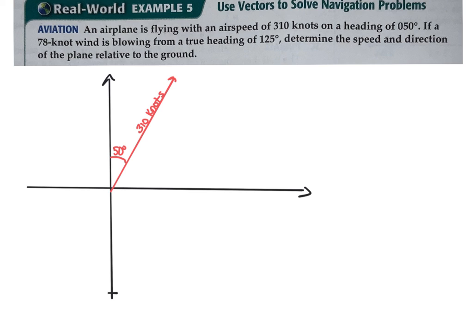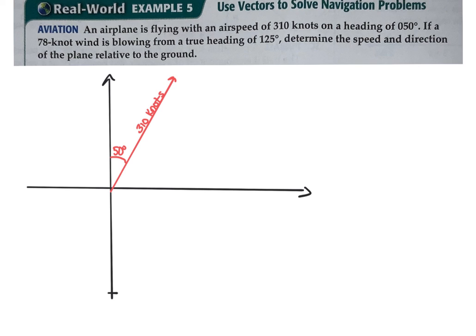Now, the other thing we have to look at is the wind. It tells us that we have a 78 knot wind blowing from a true heading of 125 degrees. Determine the speed and direction of the plane relative to the ground. So true, again, what does that tell us?